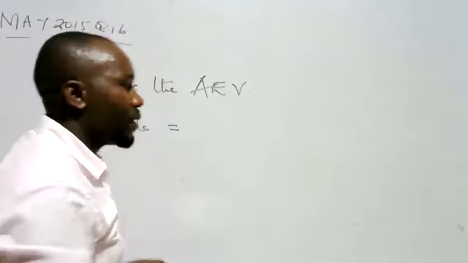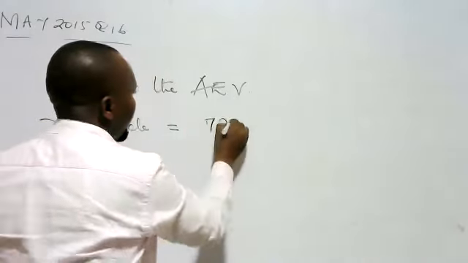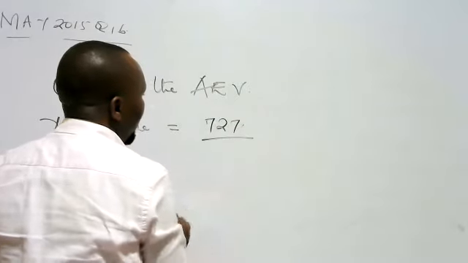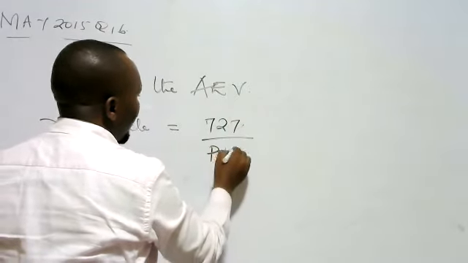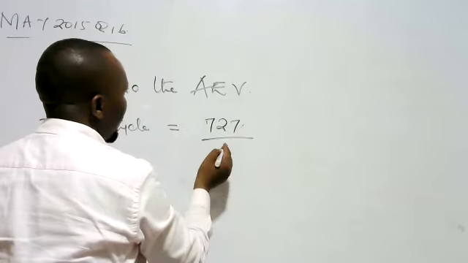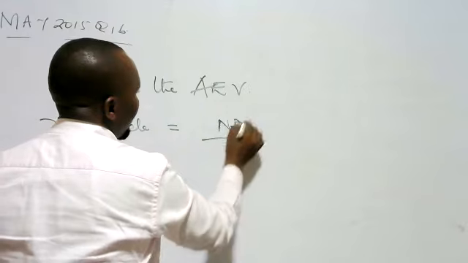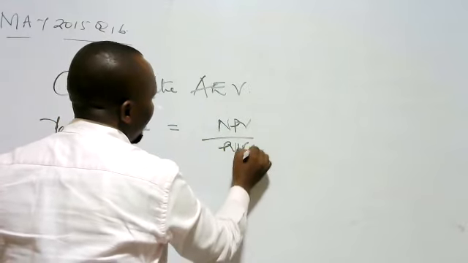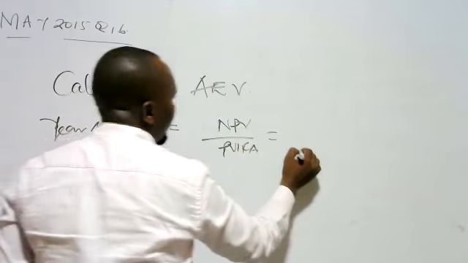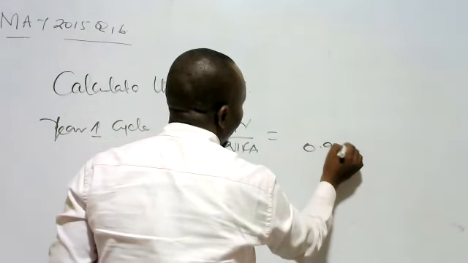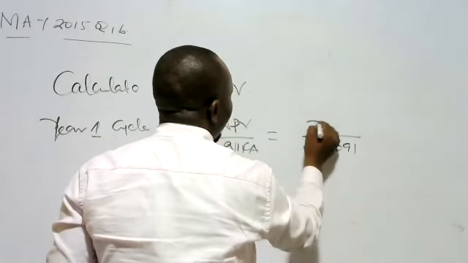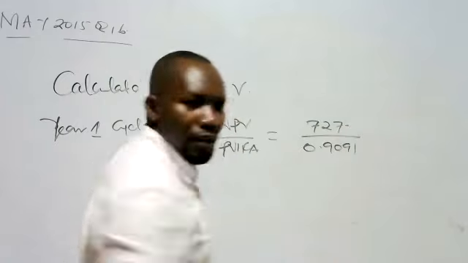Give me the figure, just say 727 point. PV for year one is just the same, 0.9091. NPV was 727 point.